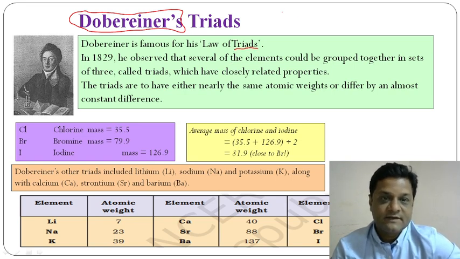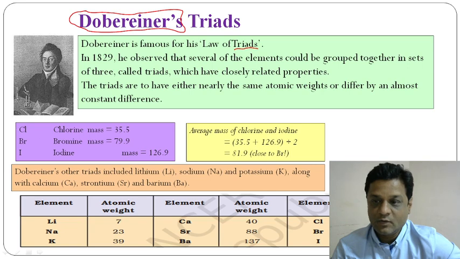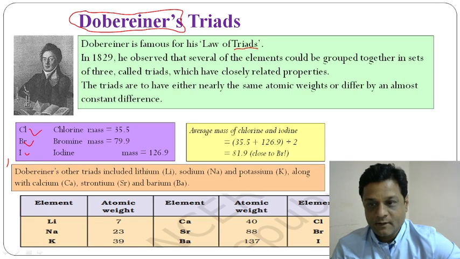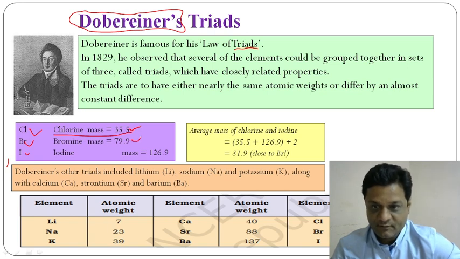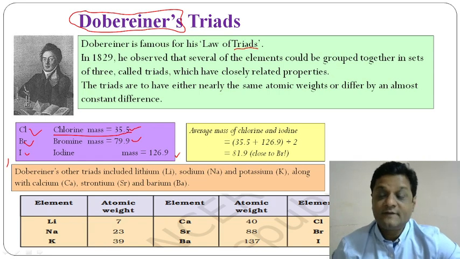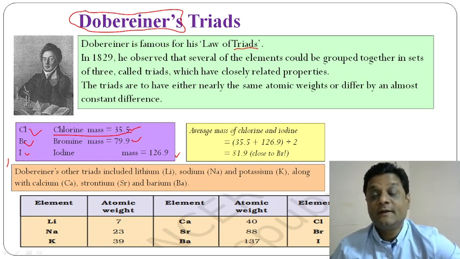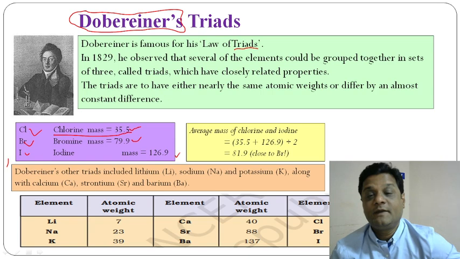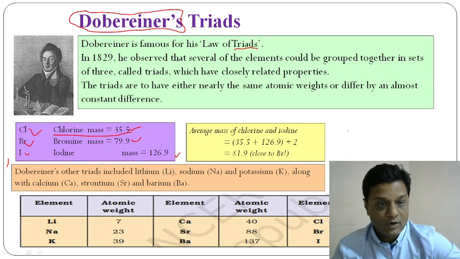The three elements, you can see here chlorine, bromine and iodine, can be placed in a single column. Chlorine has atomic weight 35.5, bromine 79.9, iodine 126.9. He says that these three elements can be placed in a single column.